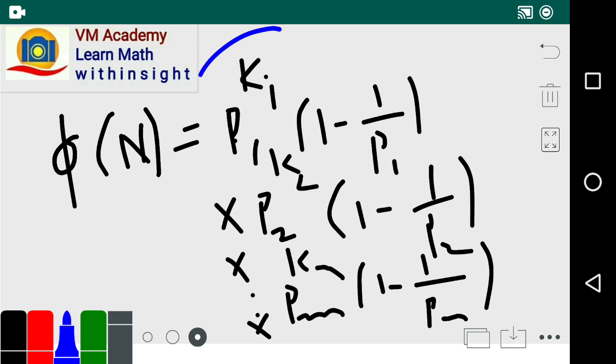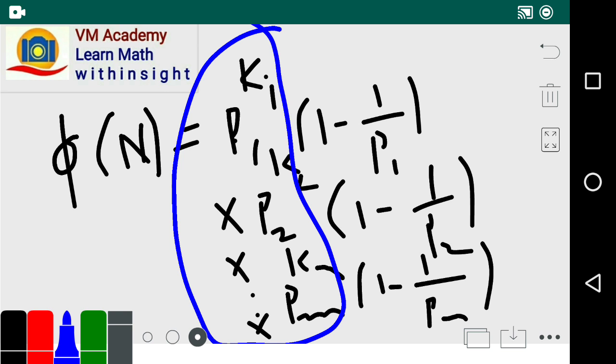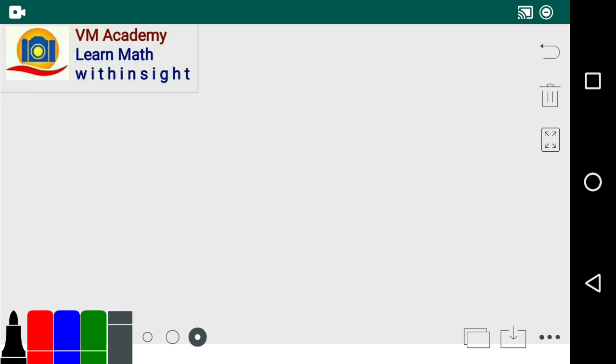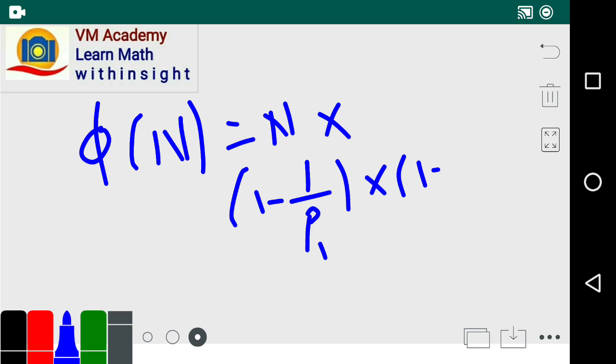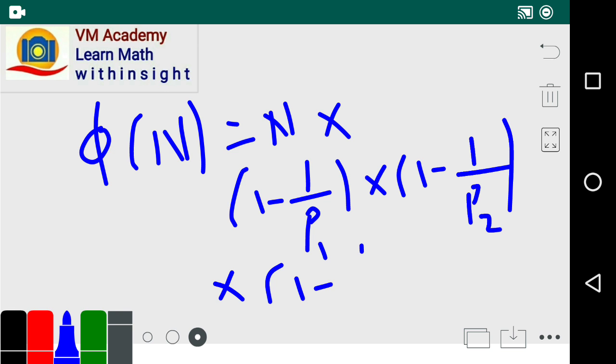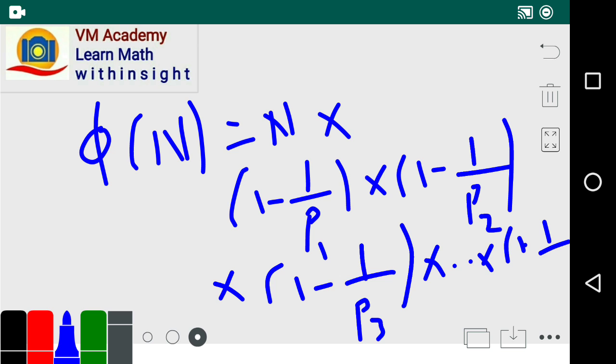Now p1 raised to k1, p2 raised to k2, so on into pm raised to km can be multiplied together and this is nothing but n. So, friends, phi of n is nothing but n into 1 minus 1 by p1 into 1 minus 1 by p2 into 1 minus 1 by p3, so on into 1 minus 1 by pm.